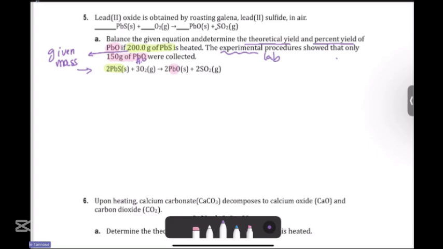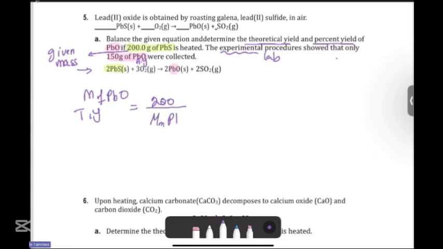So that makes it actual yield. So let's begin. Again, the theoretical yield, mass of PbO, theoretical yield, is equal to the given mass of reactant over the molar mass. I'm going to get this from the periodic table.